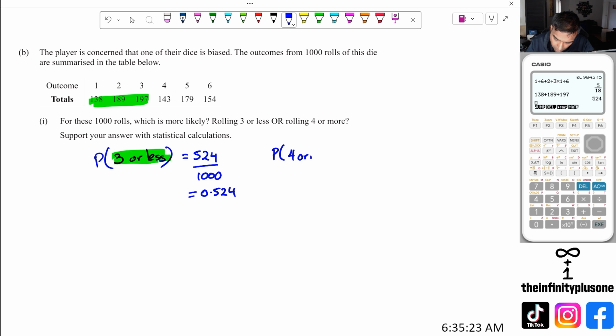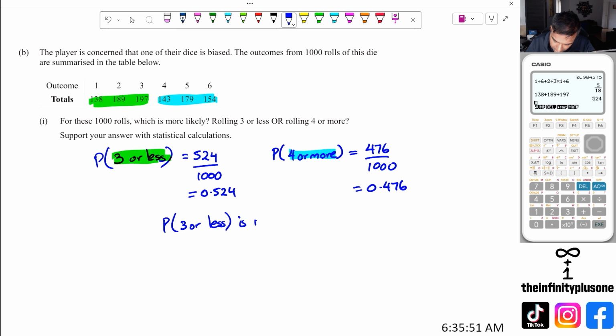So 4 or more is the other side, which is just 1000 minus 524, so that's going to be 476 out of 1000, which is equal to 0.476. And from here I can say that a probability of 3 or less is more likely. Grades-wise, correct explanation gets you an achieved.